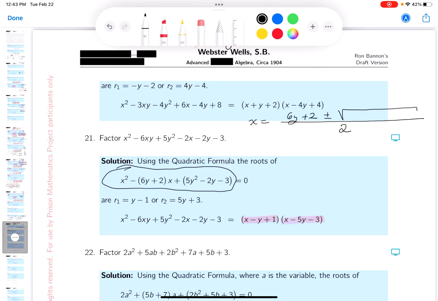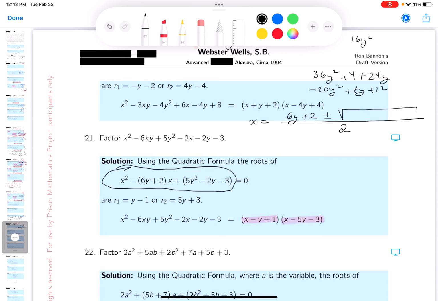This is the tough part. I got to square the b. That's 36y squared plus 4 plus 24y minus 4ac, so that will be minus 20y squared plus 8y plus 12.